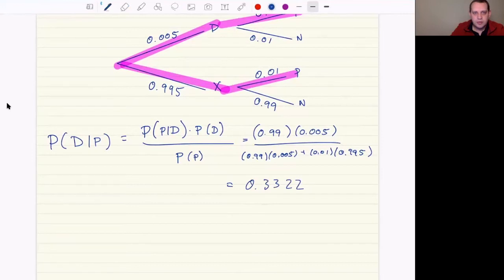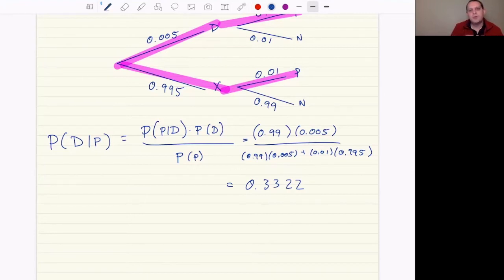So just before we go and answer the second question, this seems really low, given that we have a really reliable test. The fact that we have a positive diagnosis still only means that there's about a 1/3 chance that we have the disease. Now that's better than the 0.5% chance that you have the disease just by knowing no information, by picking randomly someone out of the population.